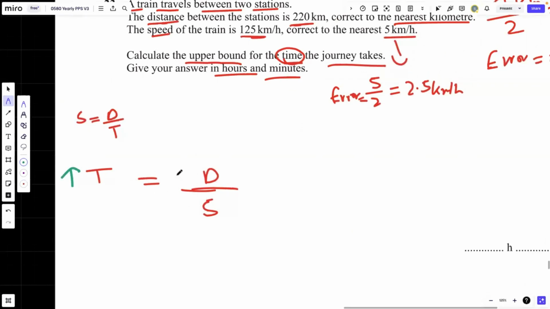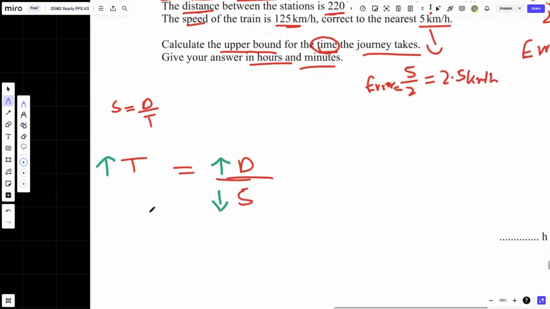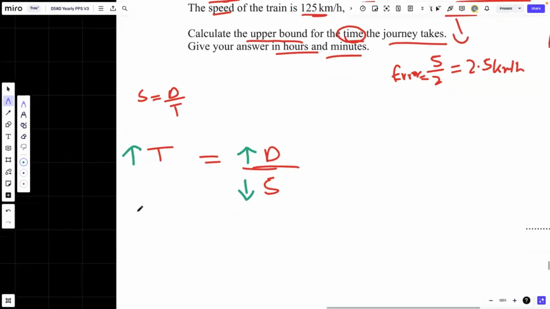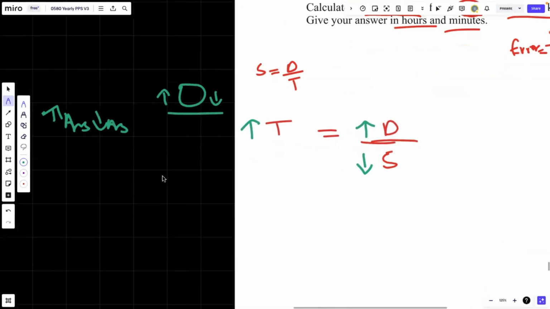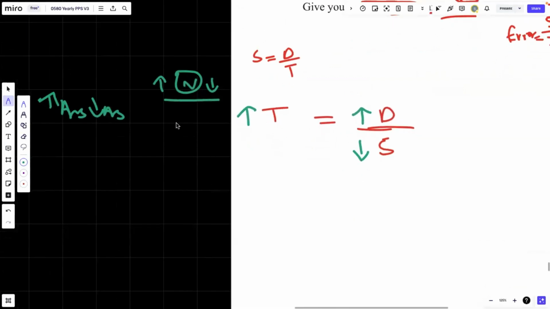So we'll actually need the upper bound for the distance and the lower bound for speed. Because in a fraction, for the numerator, when you increase it, your answer increases, and when you decrease it, your answer decreases.